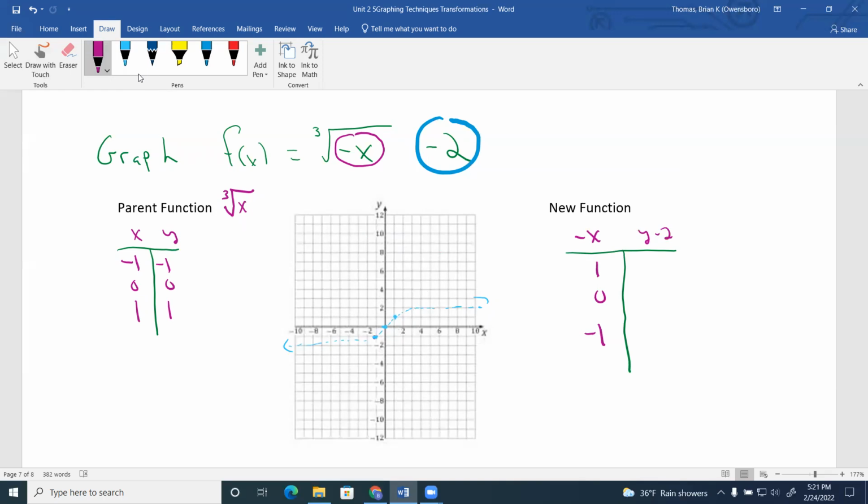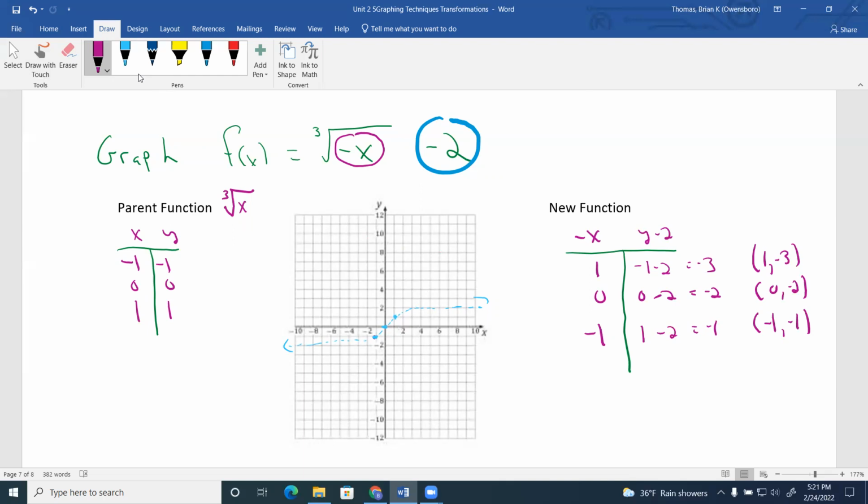So the -1, we have to lose 2, and that now gives me a -3. 0 lose 2 would give me a -2. 1 lose 2 would give me a -1. So my new ordered pairs would be 1, -3, 0, -2, and -1, -1.